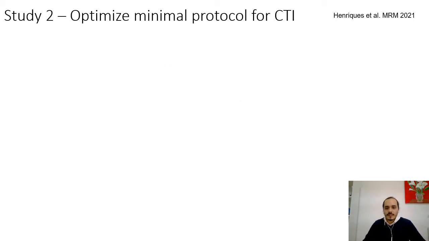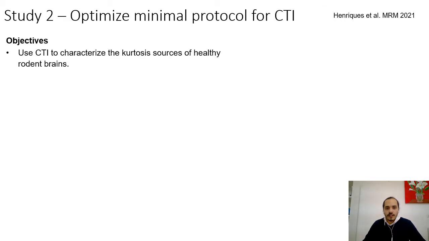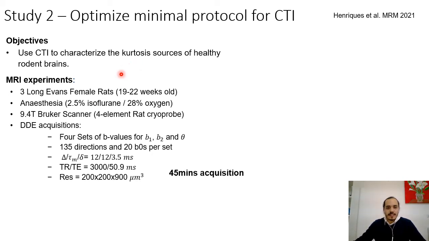We used the minimal CTI protocol on in vivo rodent brains. This was done on 3 different rats that were under anesthesia using isoflurane, and the acquisition was done on the 9.4 Tesla scanner with a rat cryoprobe.